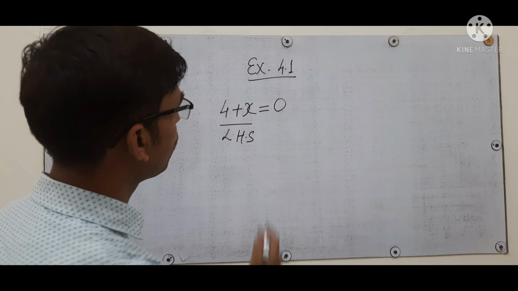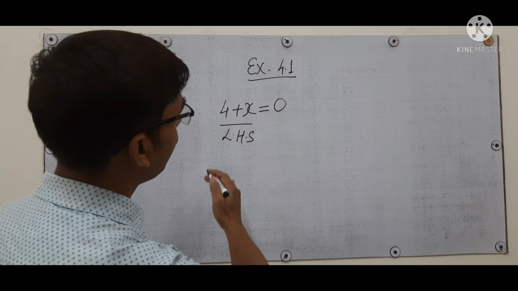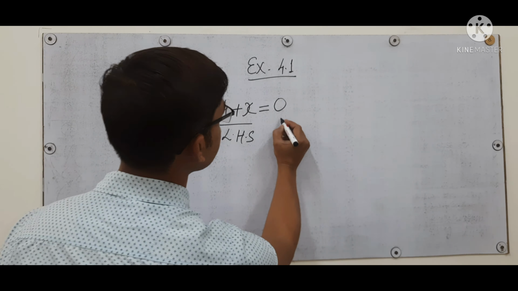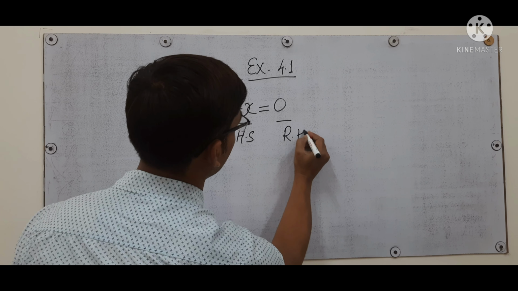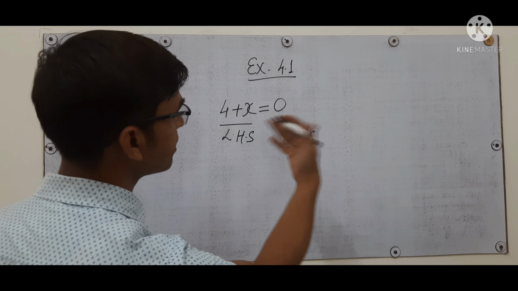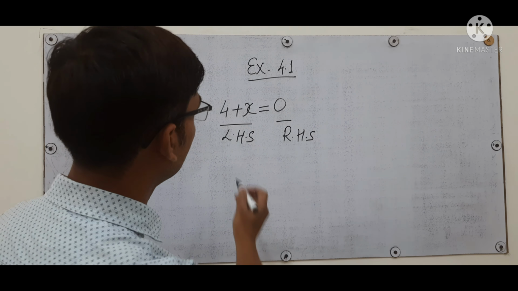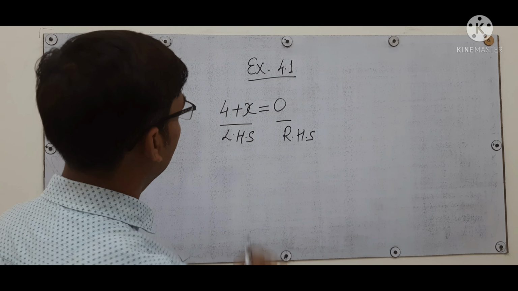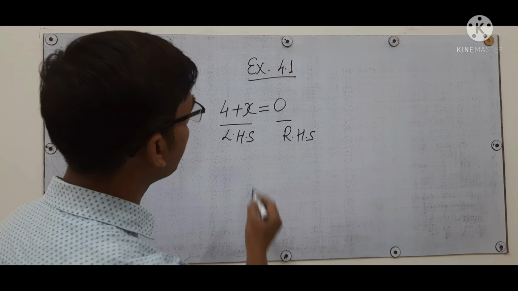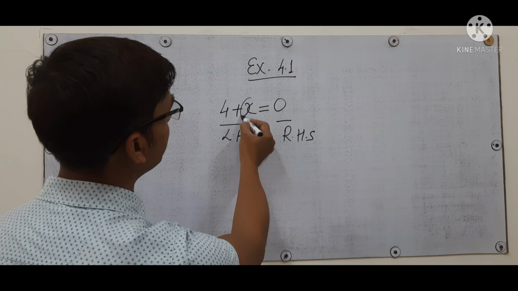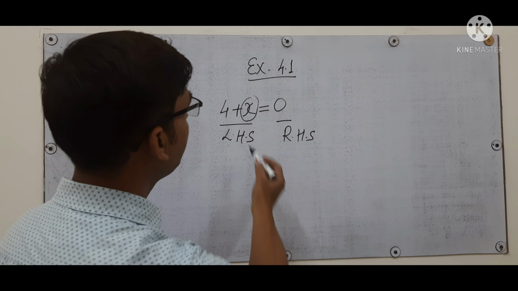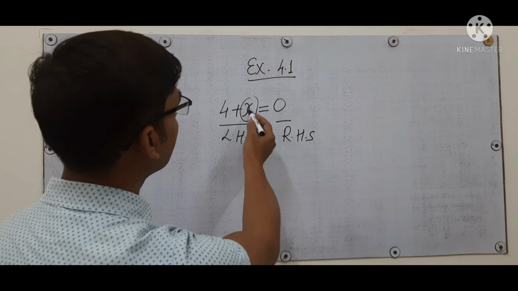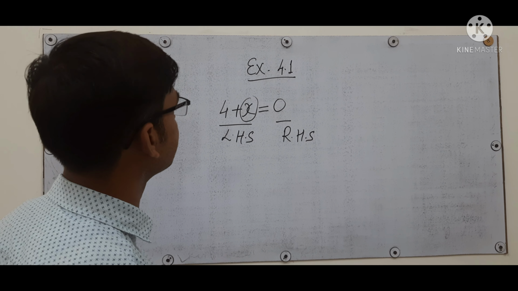Because it is left of the equal sign. And this is the right hand side, because it is right of the equal sign. So this is a one variable equation, where there is only one unknown number, and we generally have to find the value of this x.